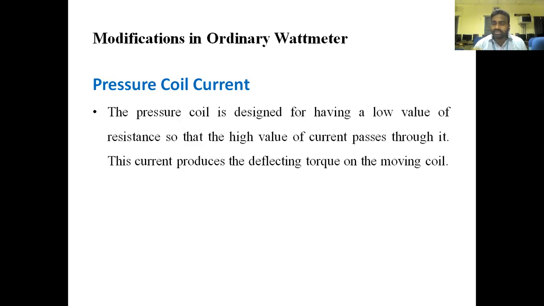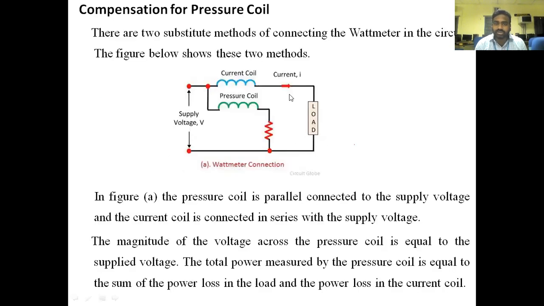That means the resistance of the pressure coil has to be of low value. In the last discussion of our working animation, we said the pressure coil should be of high rating in a UPF wattmeter.